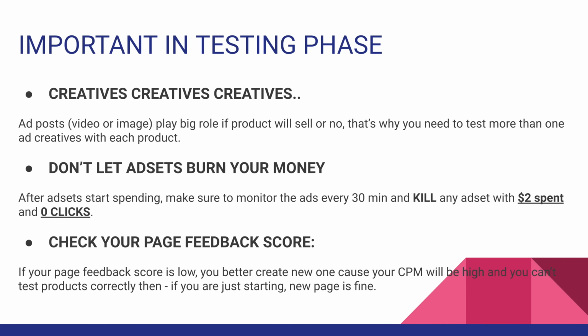You will lose money this way. So I want you to create a new, fresh page and start running testing ads from that page. Okay, and if you are just starting, I mean, this is your first time doing ads or testing a product, then that's fine. The page will be new and you won't deal with this problem.